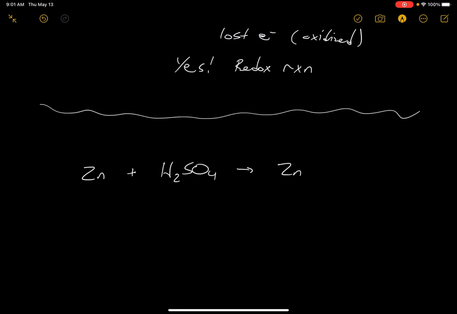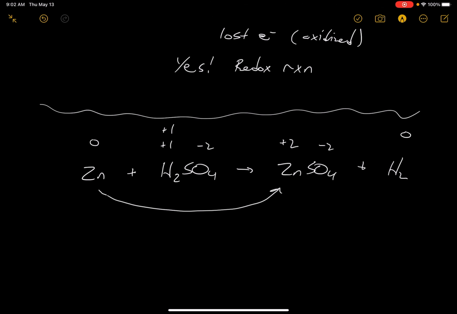And this goes to ZnSO4 plus H2. Okay, so we'll assign our oxidation numbers. Remember, elements not bonded to anything else get an oxidation number of 0. SO4 is a polyatomic ion that gets a -2. And then H, we get +1, +1. Zinc will be +2.